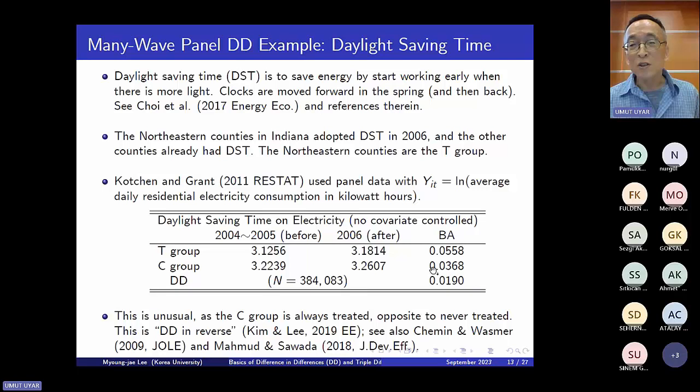So the T group ended up using more electricity than this control group. And so the DD is this. What this study showed is that instead of saving energy by adopting DST, the T group actually spent more energy.